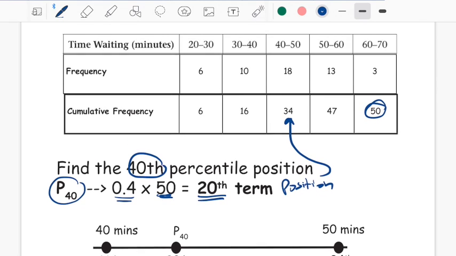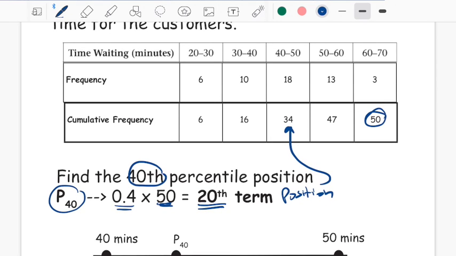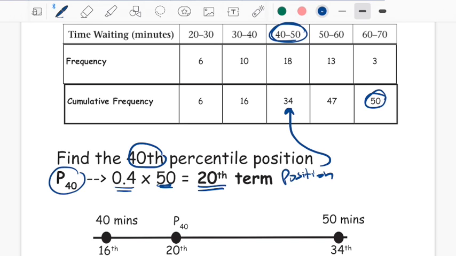Now the problem again is this data set is given to me in terms of classes. It's not given exactly. So again, I need to do interpolation. This is on this class, the 20th position.